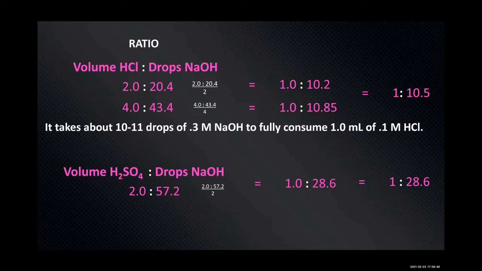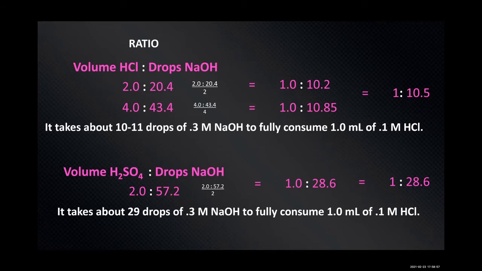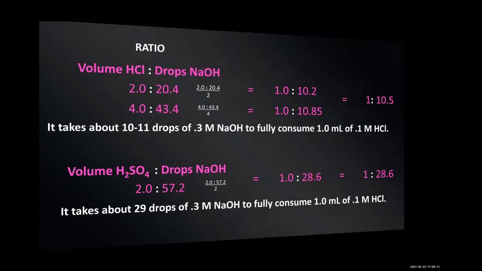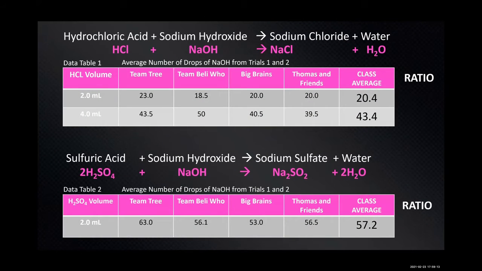So it takes 10 to 11 drops of 0.3 molar sodium hydroxide to fully consume 1 milliliter of 1 molar hydrochloric acid, and about 29 drops, if we're rounding, we could say 28 to 29, of 0.3 molar sodium hydroxide to fully consume 1 milliliter of 1 molar sulfuric acid. Taking a deeper look, we'll put these ratios over here.